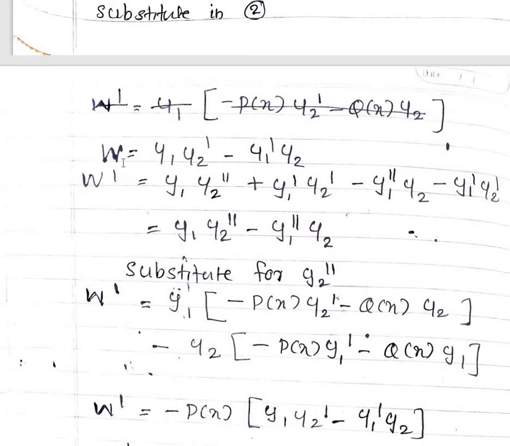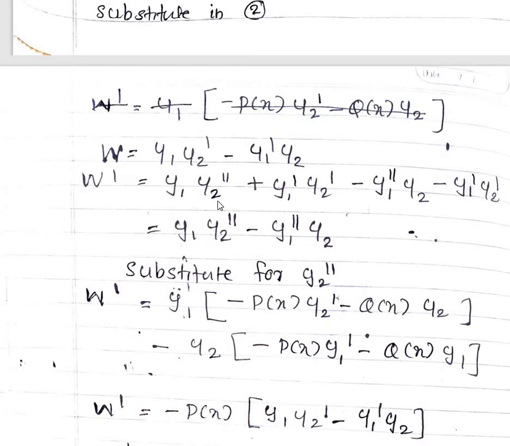We know that W = y1 y2' - y1' y2. So first we differentiate the Wronskian W. We have to differentiate the Wronskian. So W' is equal to, there are two functions, first one function taken as a constant and differentiate the second. We will get y1 times; when we differentiate the first term we will get two terms, and when we differentiate the second term we also get two terms.